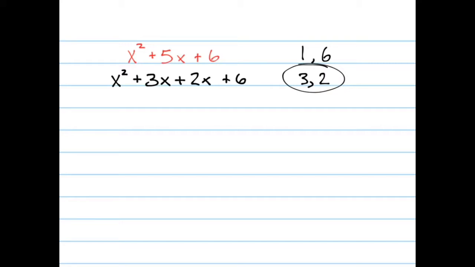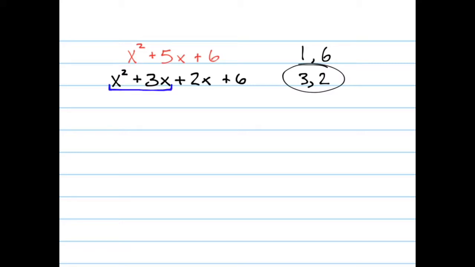Can we agree that 5x is the same as 3x plus 2x? So we're kind of uncombining like terms. And the nice thing is it doesn't matter what order you put it in. You could have done 2x plus 3x. It doesn't matter. We use a process called factoring by grouping, which sounds complicated, but it's not. It just means you factor in groups instead of the whole thing.